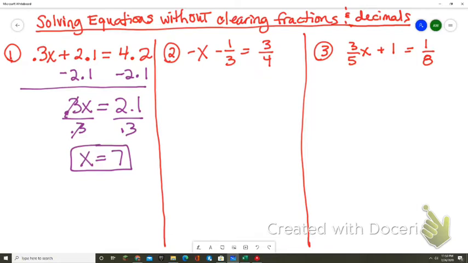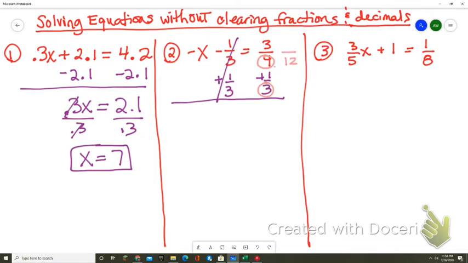When we have fractions, we are going to still solve for x, so we're going to add 1/3 to both sides. But we have to remember the rules of adding or subtracting fractions if necessary. When we add or subtract fractions, we need to have common denominators. So our common denominator here, between 4 and 3, is going to be 12.